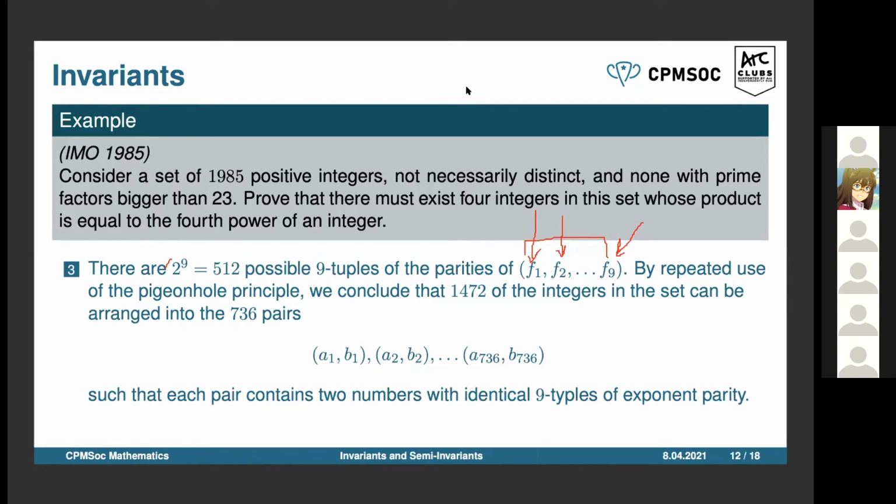So now we have something interesting, which is the Pigeonhole Principle. So let's take 1472 of these integers.